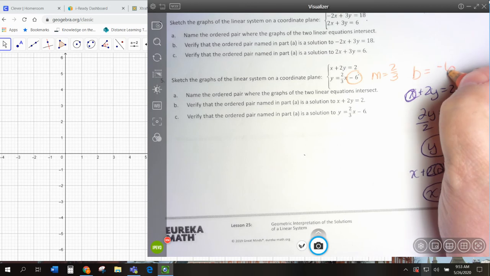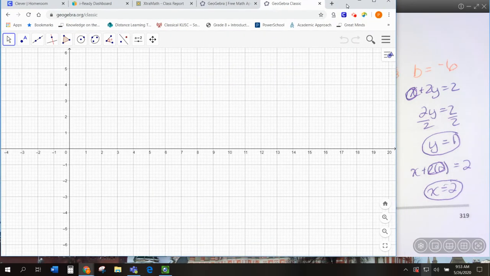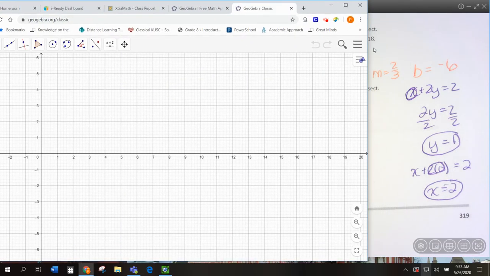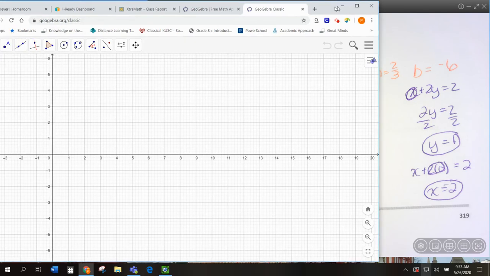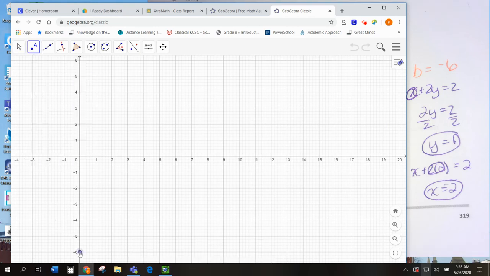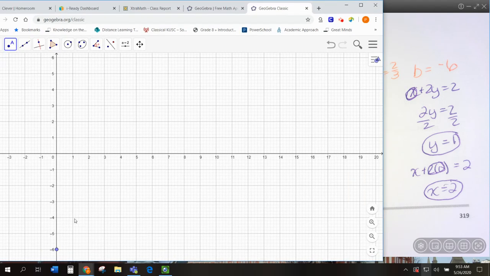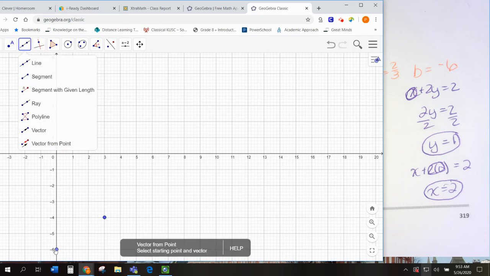So I can go and graph these. Let's start with my m and b. So I have a negative 6 for my b. And my m is 2/3, so I'm going to go up 2 over 3. I'm going to connect these with a line.